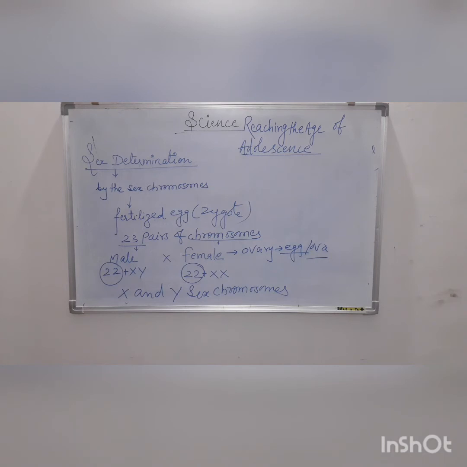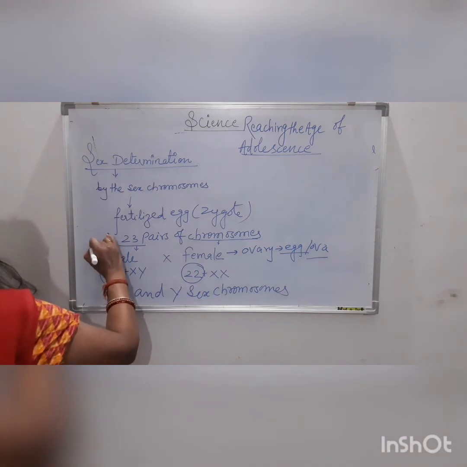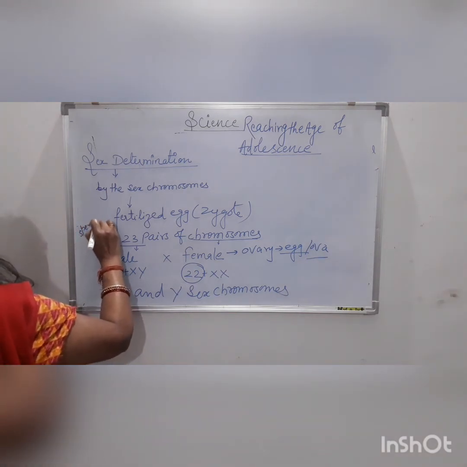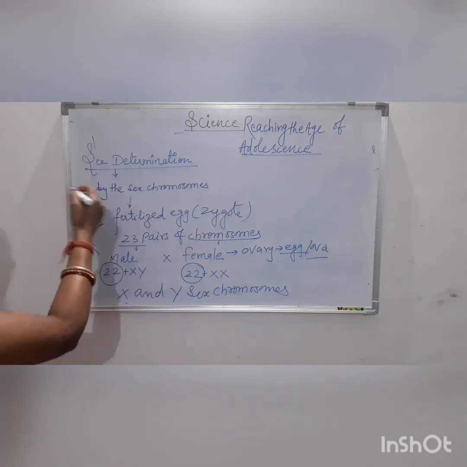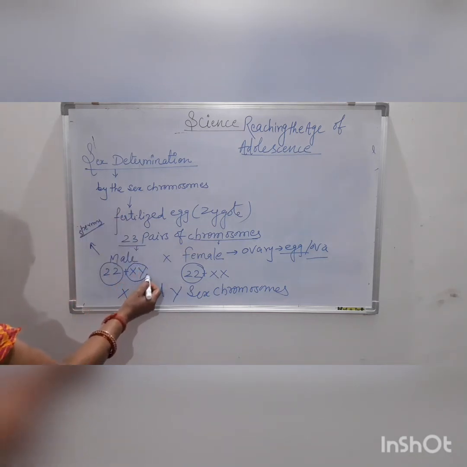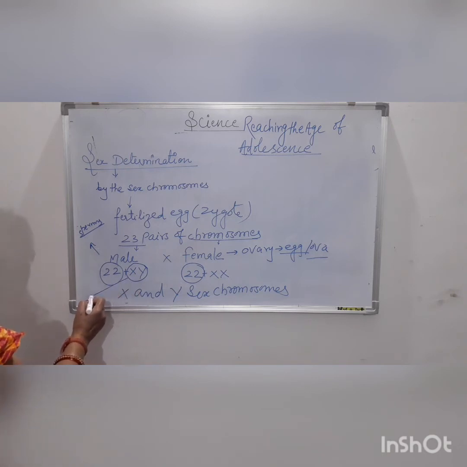A male or a man or a father has X chromosomes as well as Y chromosomes in male gametes called the sperm. As we know, male produces what? Sperms. And in the male's body, two types of gametes are formed, that is X and Y. Half of the sperms produced by the man have the X chromosome and half of the sperms have what?